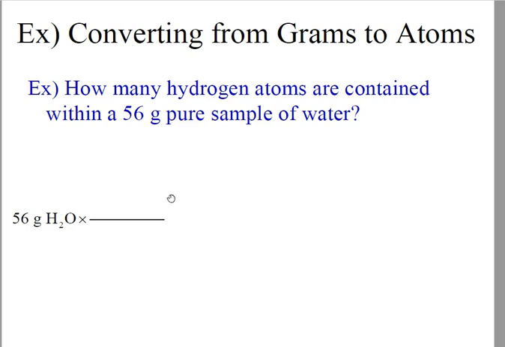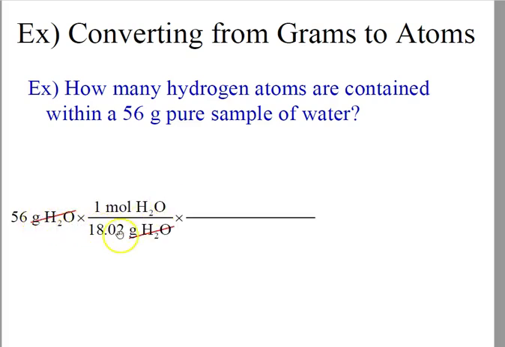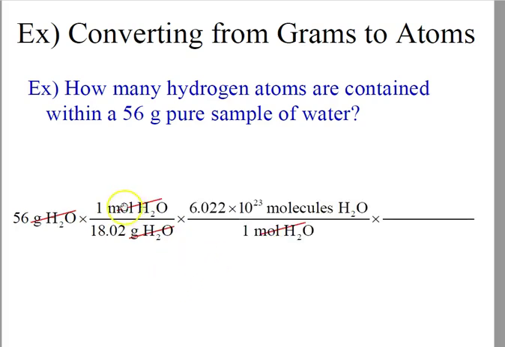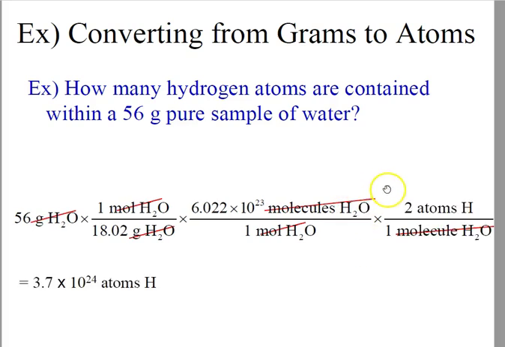56 grams of water. We're going to get grams to cancel by going to moles using the molar mass. We'll then cancel moles and use Avogadro's number to go to molecules. But notice we can't stop here because this is molecules of water, and the question is how many hydrogen atoms are there? So we have to think about how many hydrogens are there within water. There are 2 atoms of hydrogen in every 1 molecule of water.